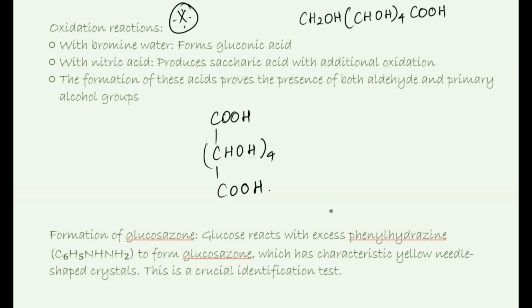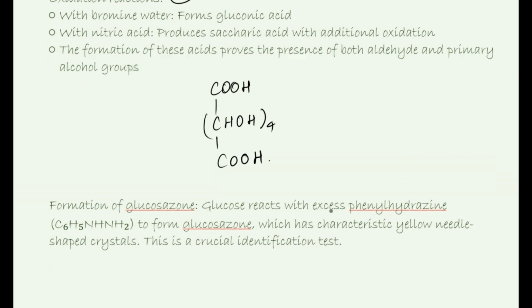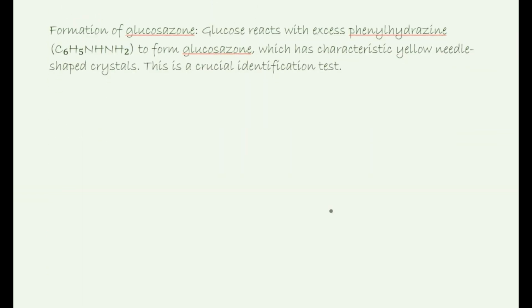Okay, and formation of these acids proves that both aldehyde and primary alcohol groups are present in the glucose. Then formation of glucosazone. We have seen this osazone formation in the aldehydes chapter.